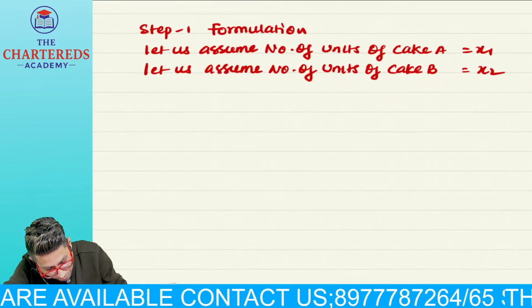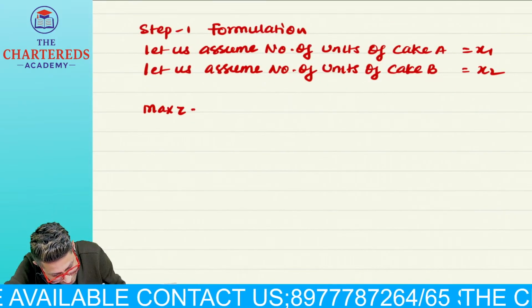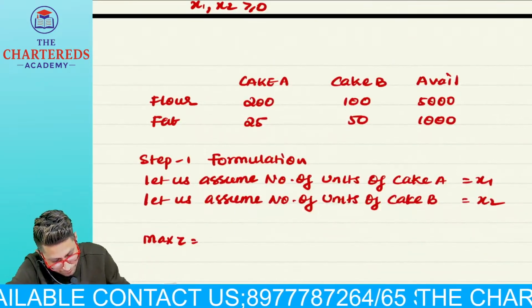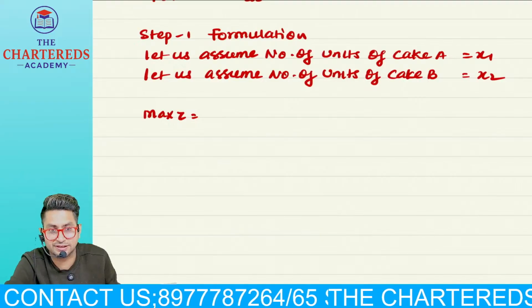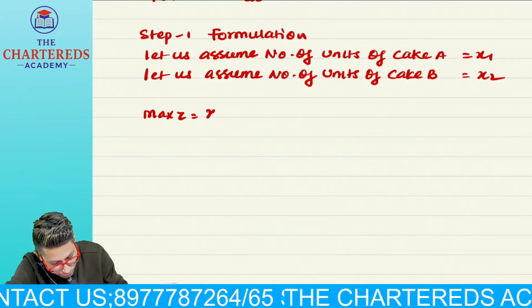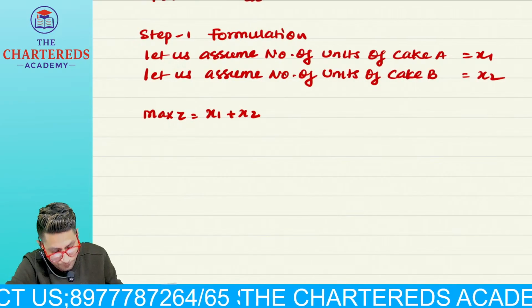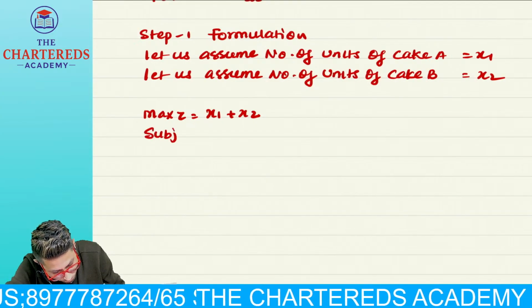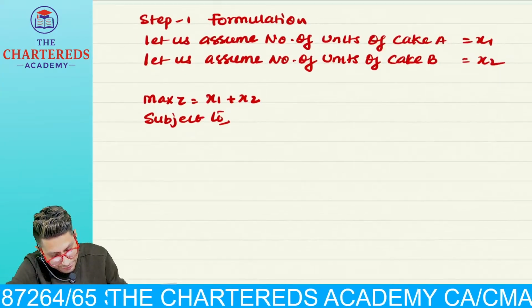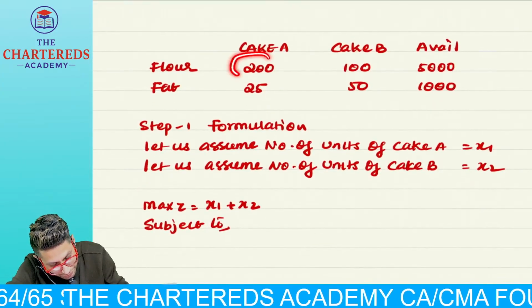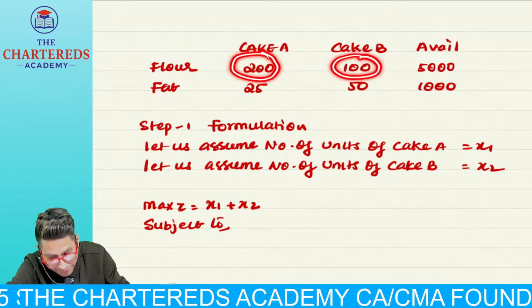Now, what is our objective? Maximize Z equals what? They have not given us anything, right? Number of cakes. So X1 plus X2, subject to constraints. What are the constraints? 200 X1 plus 100 X2.